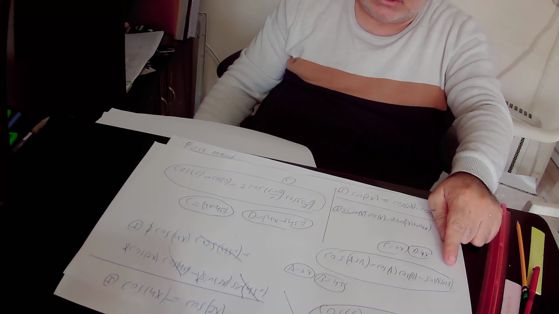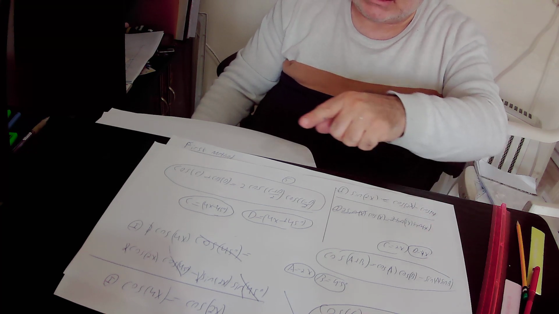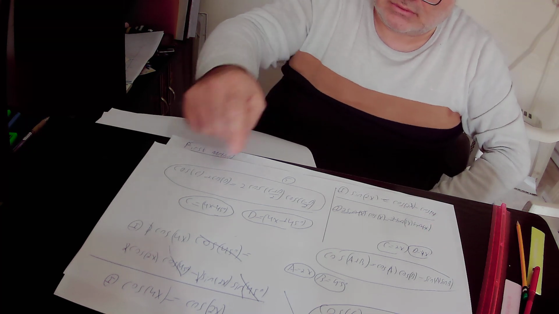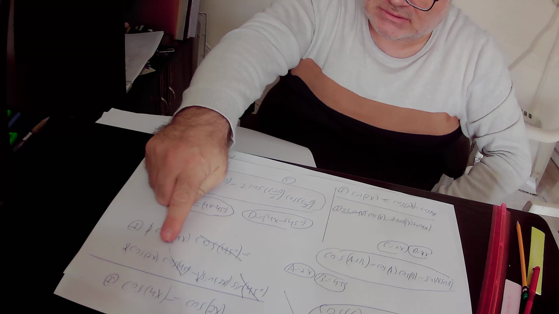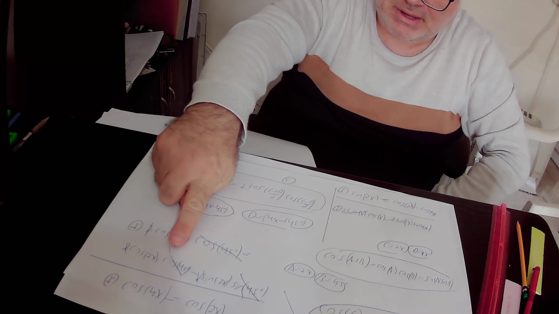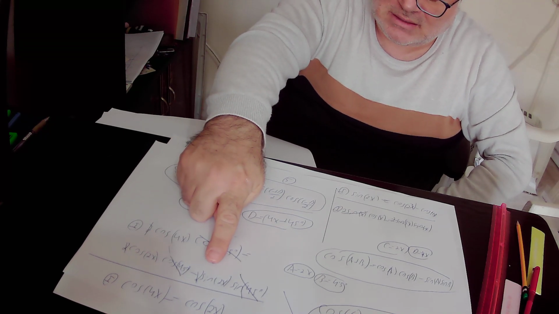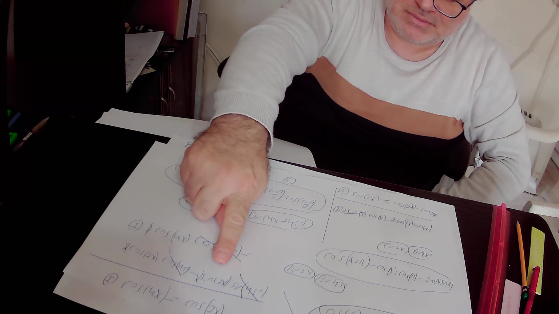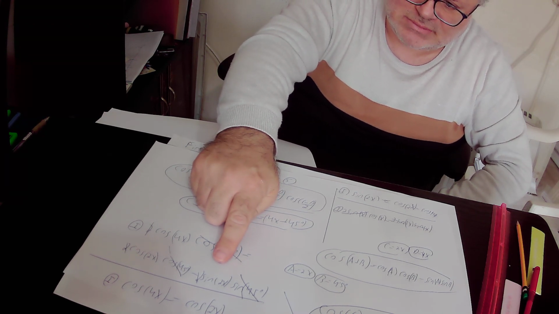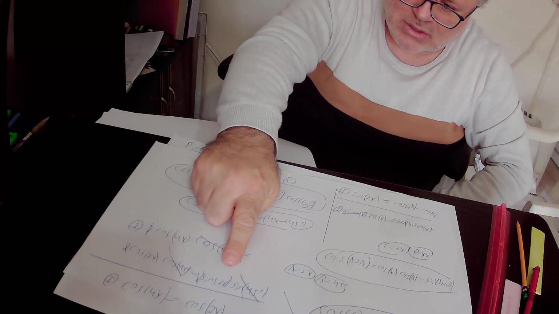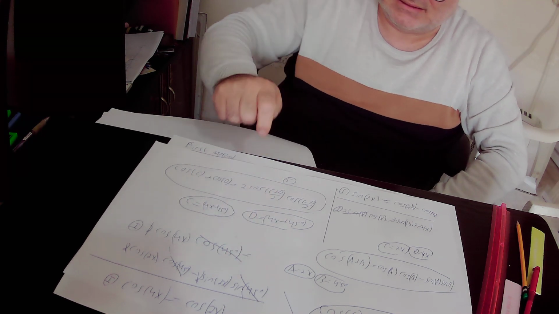So it equals cosine A, which is cosine 2x, and cosine B is cosine 45 degrees, minus 2 sine A, which is 2x, and B is 45 degrees, so it is minus 2 sine 2x sine 45 degrees.